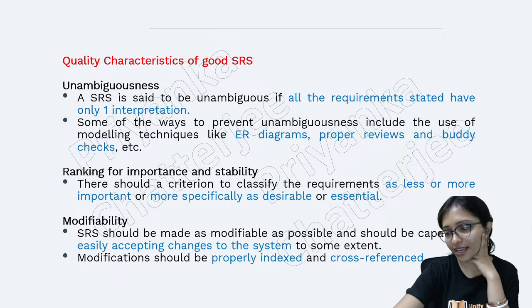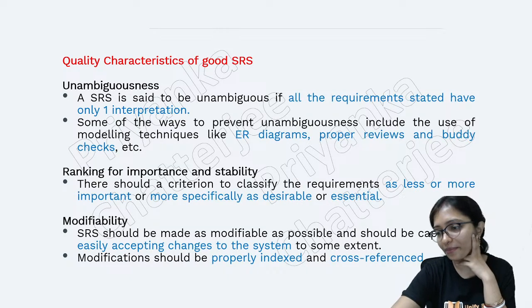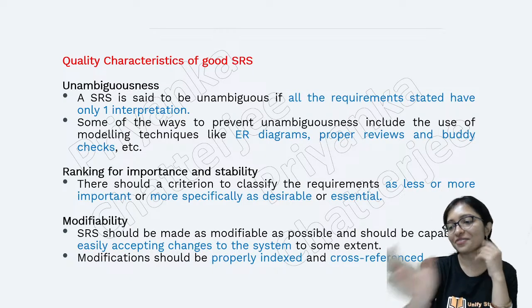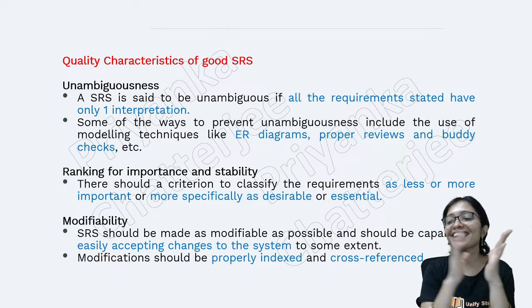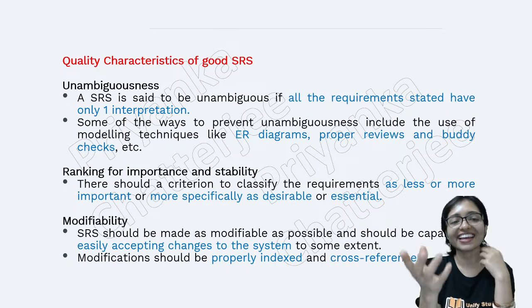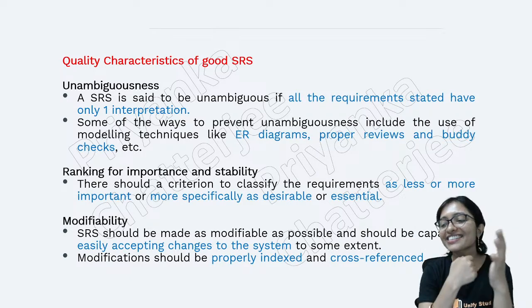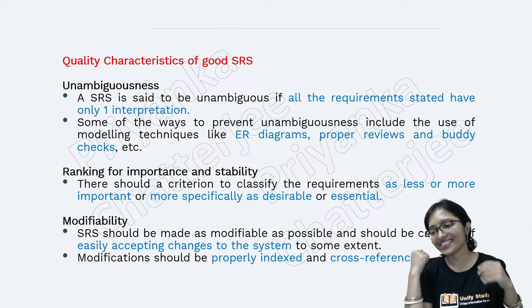Correctness is every page of SRS, complete overall exact user requirement. Meenakshi wrote: correctness, cover all the requirements; completeness, every sense of completion; and consistency, no conflict between the set. Very good, Meenakshi.